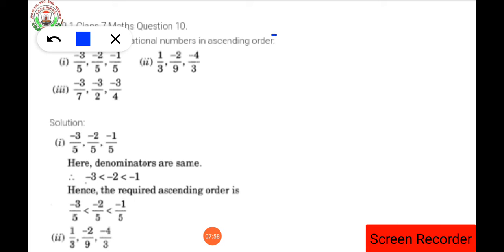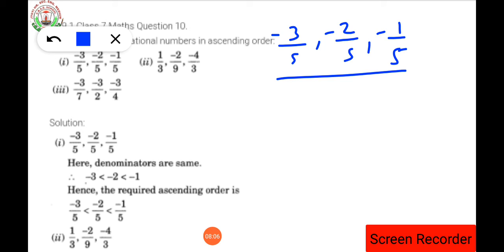Okay, so minus 3 by 5 comma minus 2 by 5 comma minus 1 by 5 we are having. All the denominators are same over here. If all the denominators are same, then we will see the numerator. Since denominators are same, that means it is a like term, isn't it? Then we can say which number is, as it is said ascending order, smaller to greater.